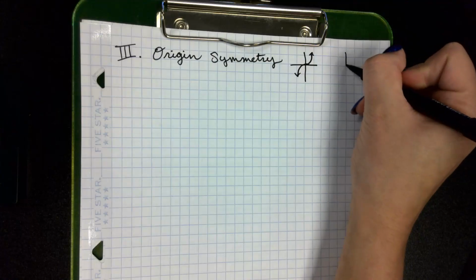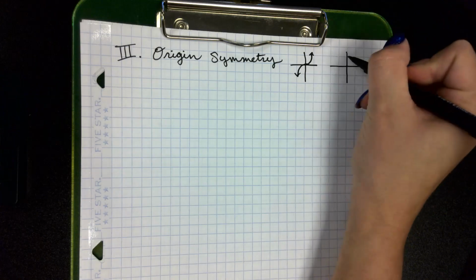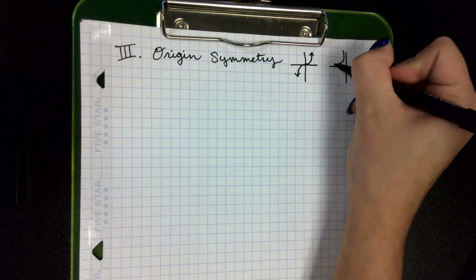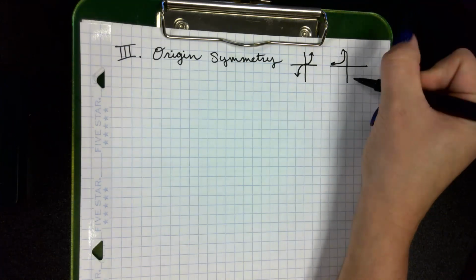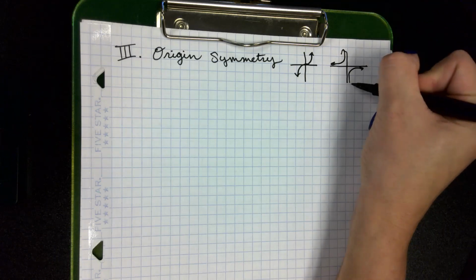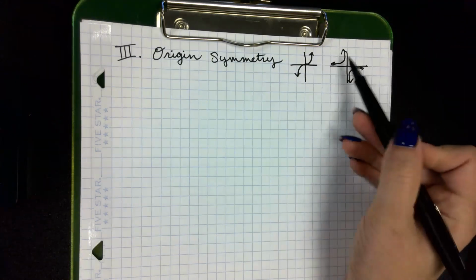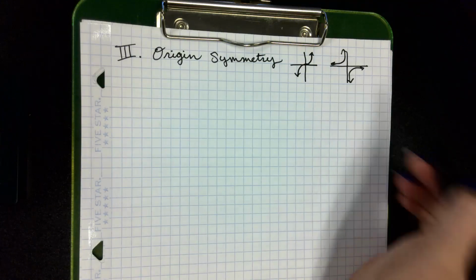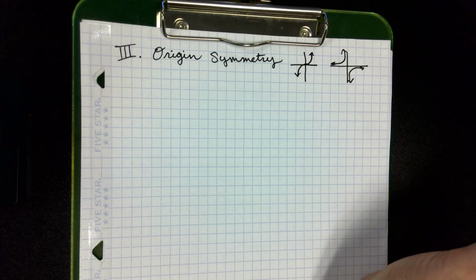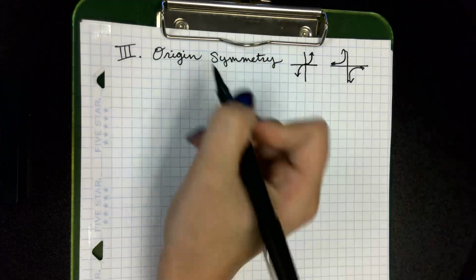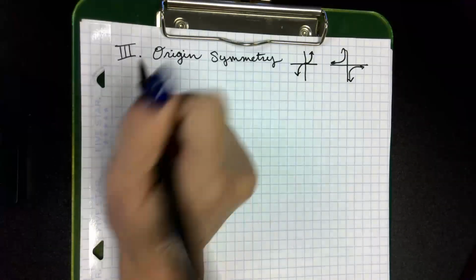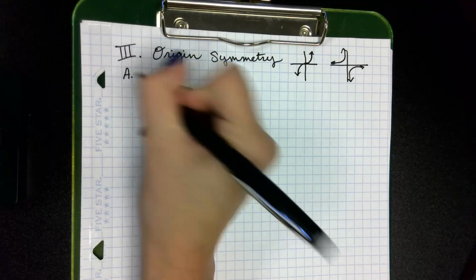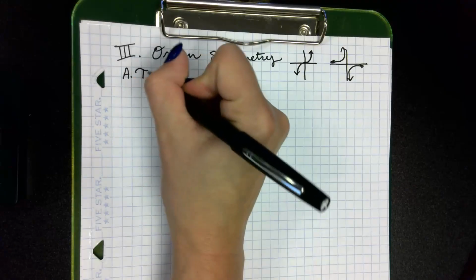Another one, you could have, I'm going to do this way. This one and this, a rational function. You take quadrant 2, you rotate it around to quadrant 4, and it looks the same in quadrant 2 as it does in quadrant 4. So those are both examples of origin symmetry. So it too has a test.